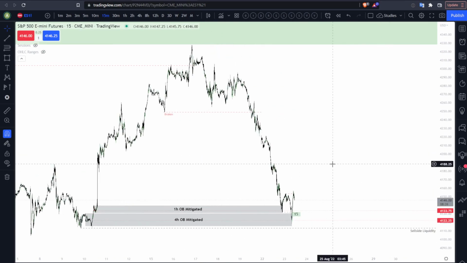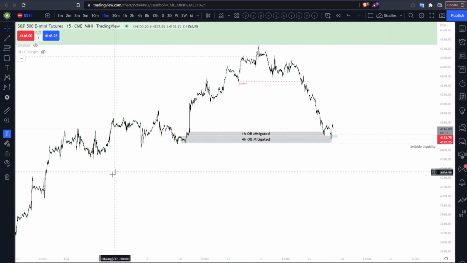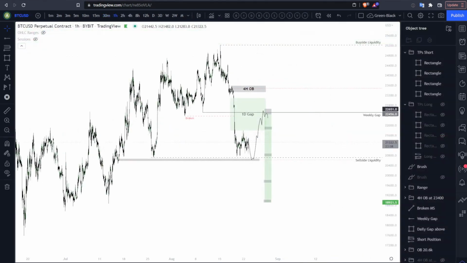So I'm using S&P as a proxy for Bitcoin movement, since they are pretty much correlated. So this is my plan for the next few days.